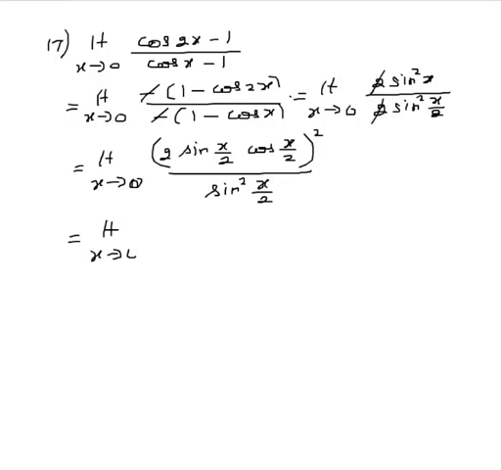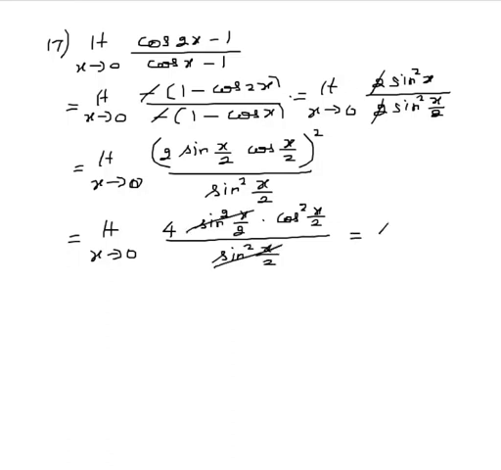Limit x tending to 0 of, let us distribute the square. We get 4 multiplied with sin square x by 2 multiplied with cos square x by 2 divided by sin square x by 2.